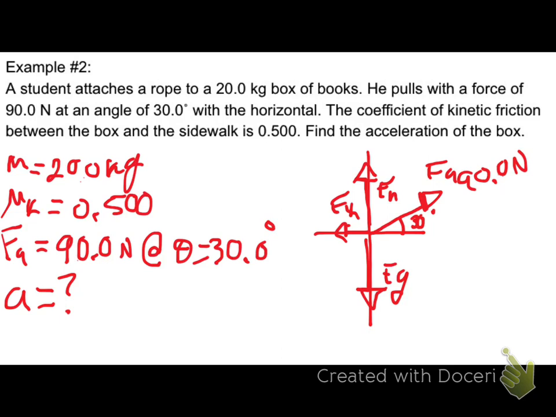Precisely. Next step, resolve that applied force into applied force X and applied force Y. We know how to do that. We've been doing that for quite some time.